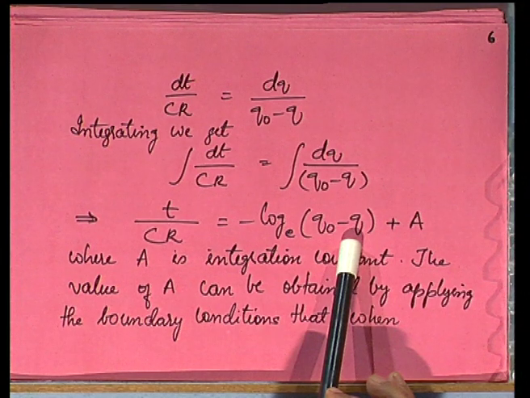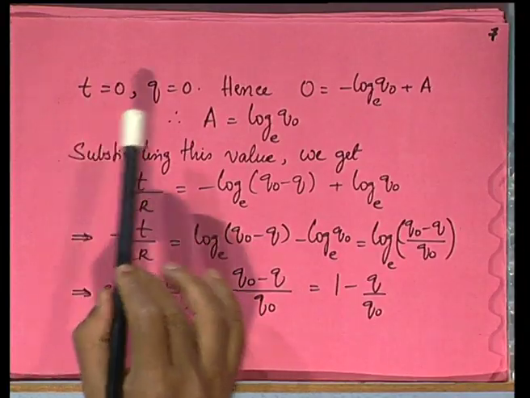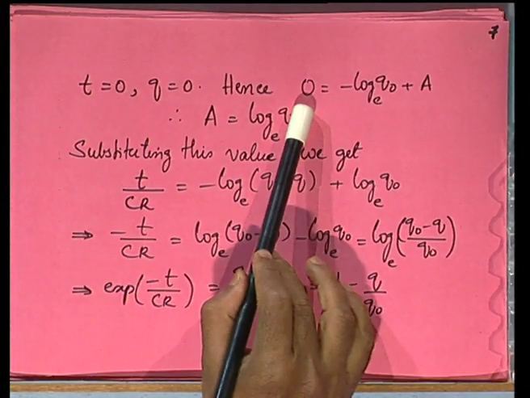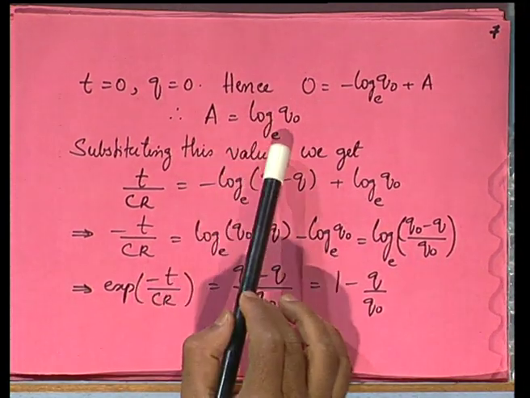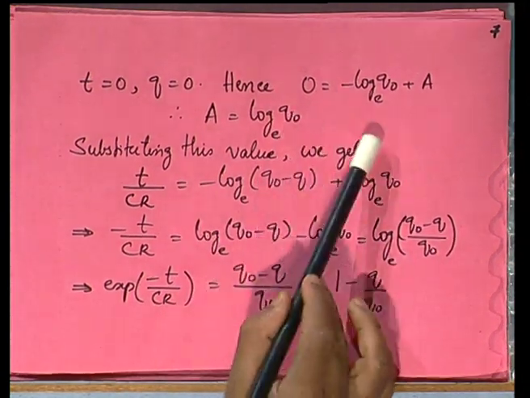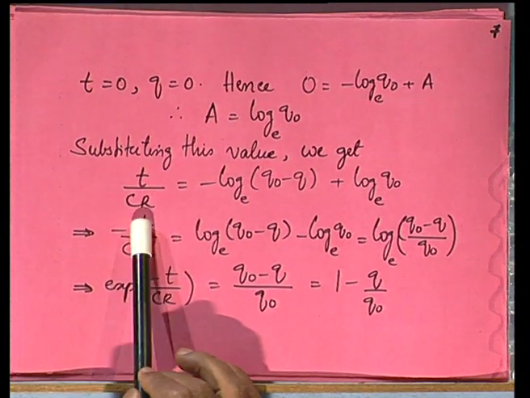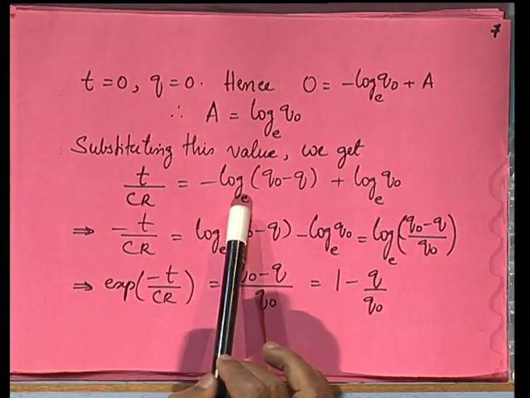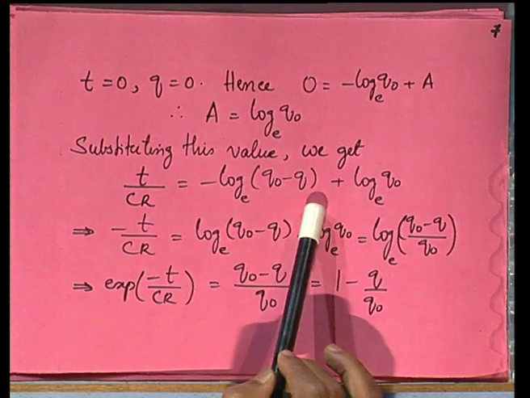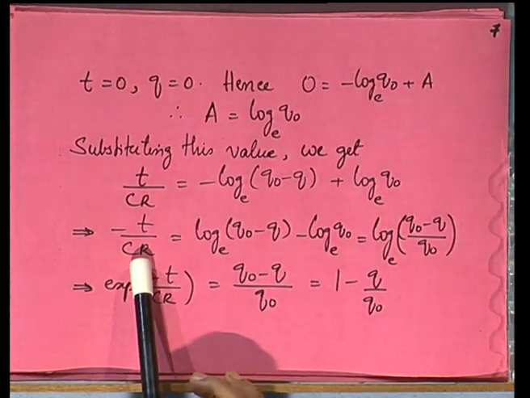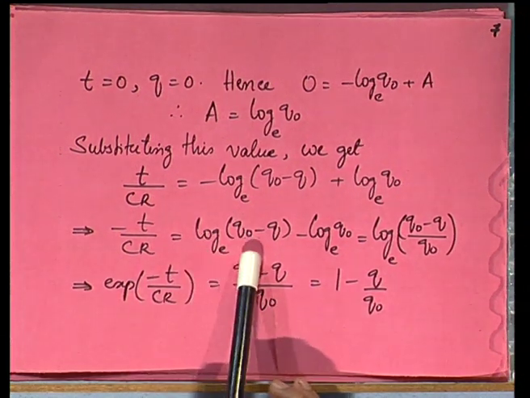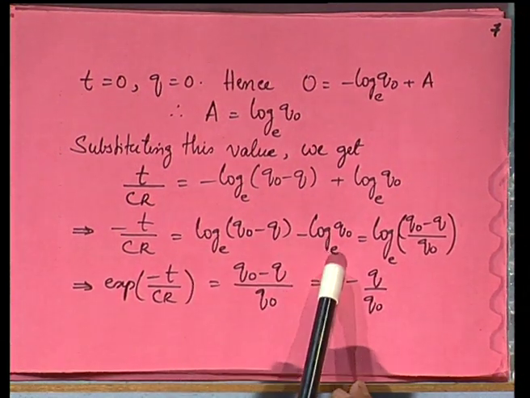When t is equal to 0, Q is equal to 0, therefore 0 is equal to minus log e Q naught plus A. So A is equal to log to the base e Q naught. Substituting this value, t by C R is equal to minus log e of Q naught minus Q plus log e Q naught. So minus t by C R is equal to log to the base e of Q naught minus Q minus log e Q naught.